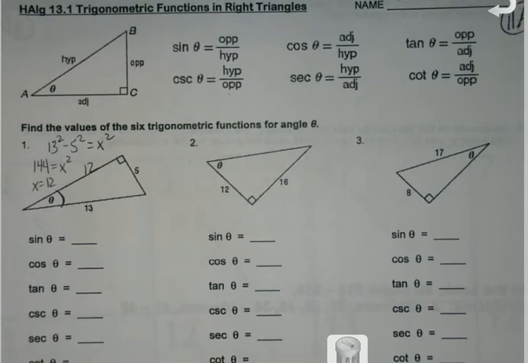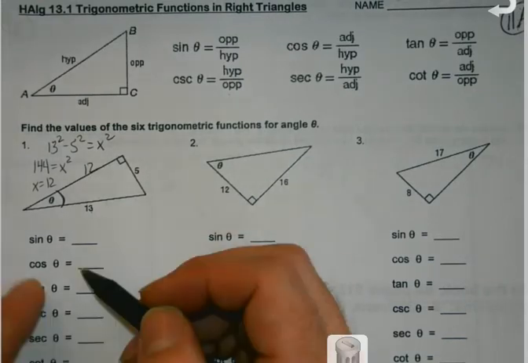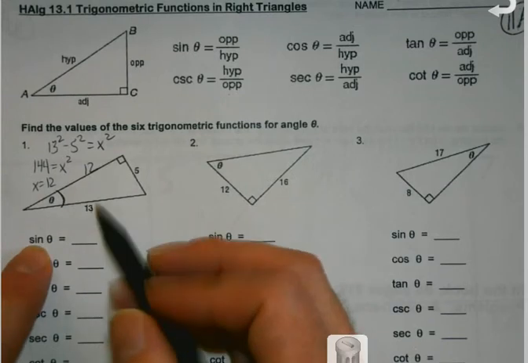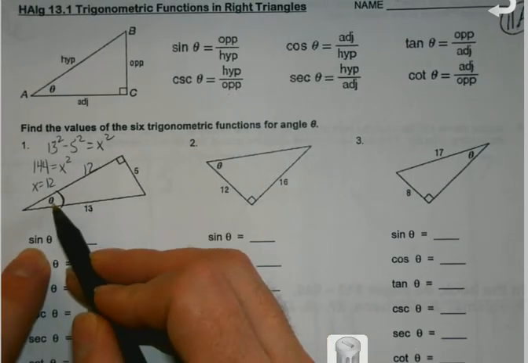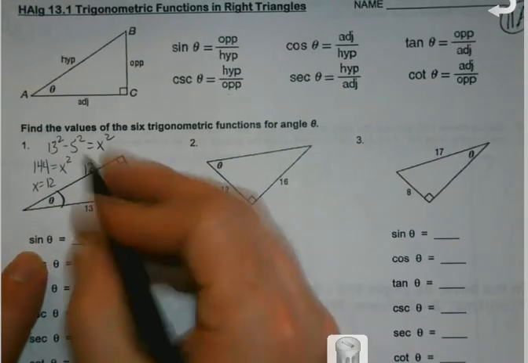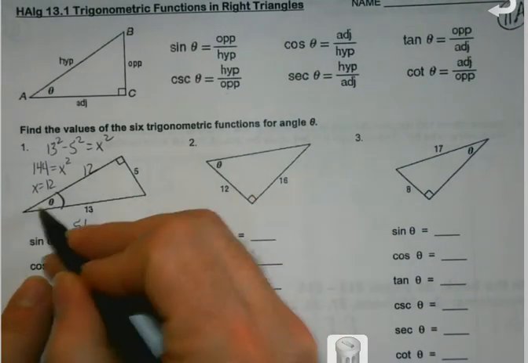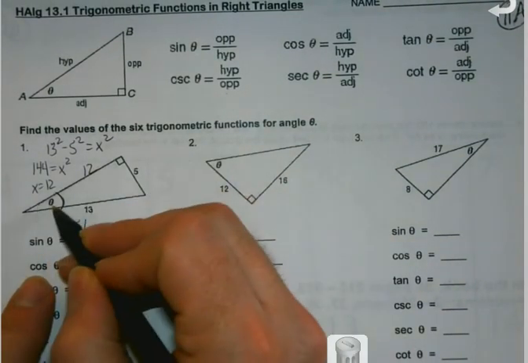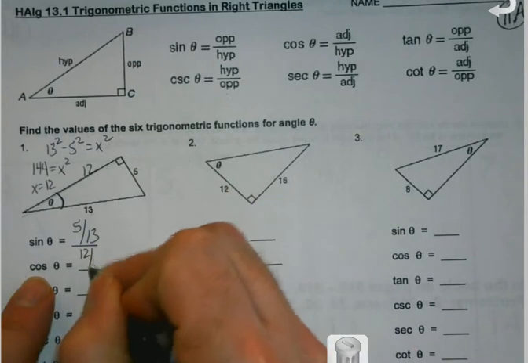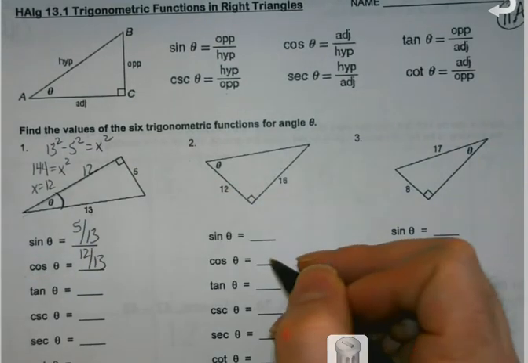And once I have that value, now I can just roll and figure out all my different trig functions. So sine, opposite over hypotenuse. Cosine's my adjacent side, again, the side that's connected to my angle. So 12 over 13.